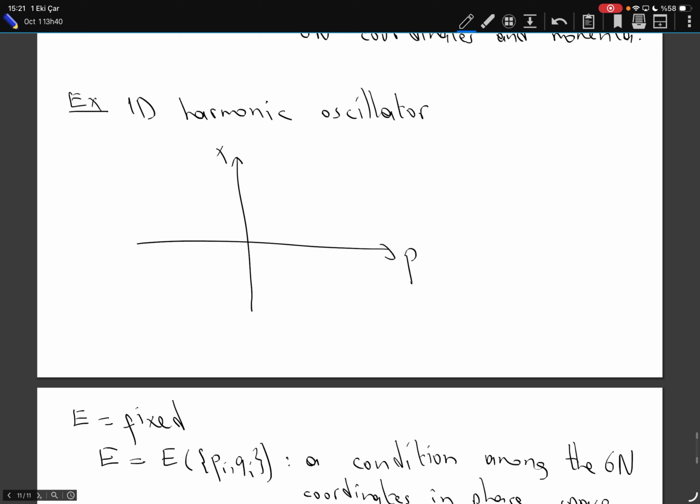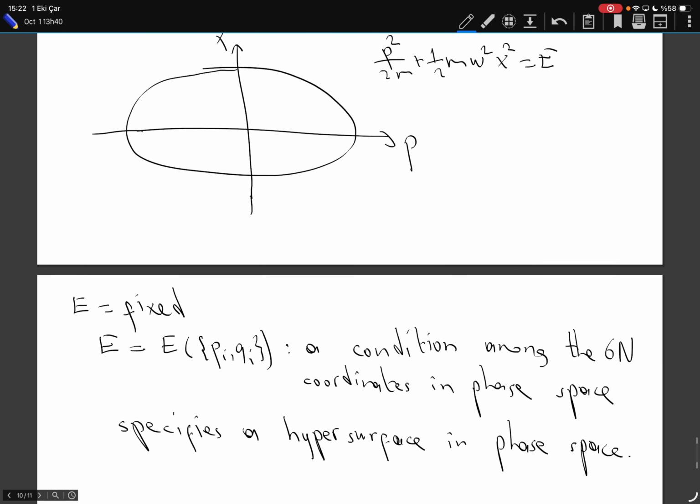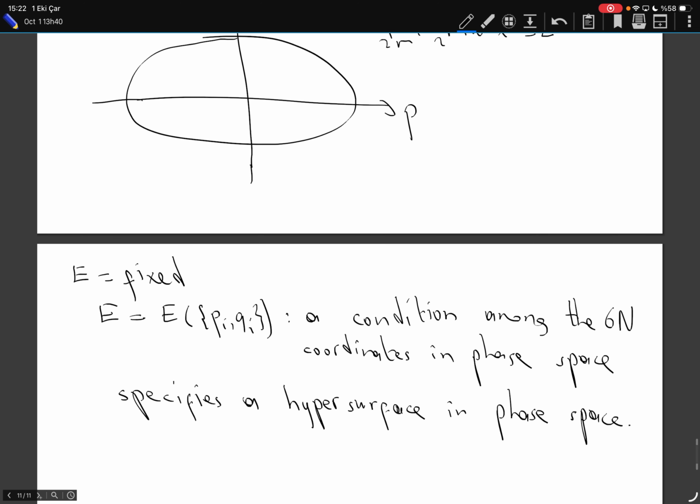If I go back to my one-dimensional harmonic oscillator case, if I know the energy of my system, then my system at any moment will be somewhere on this ellipse. My system cannot be at any point if the energy is fixed, but it has to be somewhere on this ellipse. Similarly, if you go to 6n dimensional phase space, you will again have a surface where my system can be.